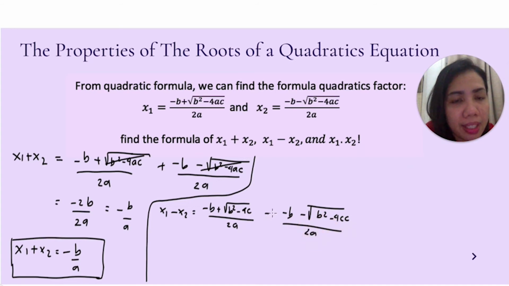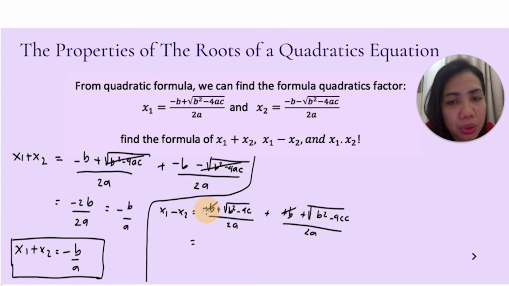Actually, this minus, we can distribute into this element. So if I distribute this, this becomes positive, and this is positive also. Let's operate the numerator because we have the common denominator here. In here we have minus b and positive b. Actually we can just simplify this.